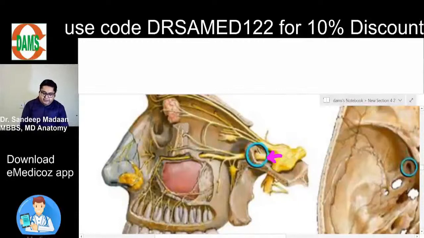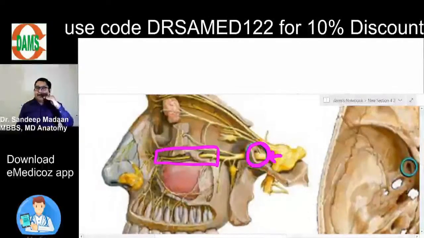Now it will pass through the marked foramen, that is foramen rotundum, okay, and eventually it will be passing along the floor of the orbit. That I have already explained in the infraorbital canal. Once it is in the infraorbital canal, it is called the infraorbital nerve. So we can say the infraorbital nerve is nothing but the continuation of the maxillary nerve. Yes, we can say that.